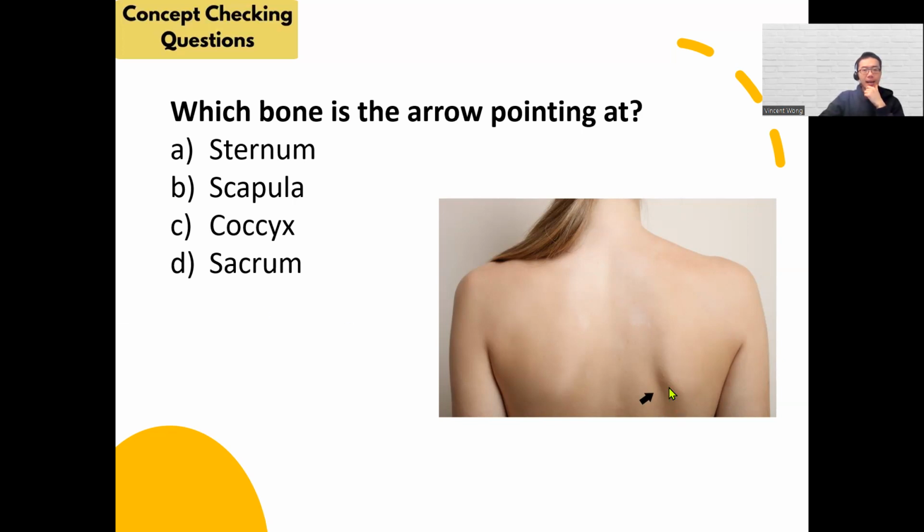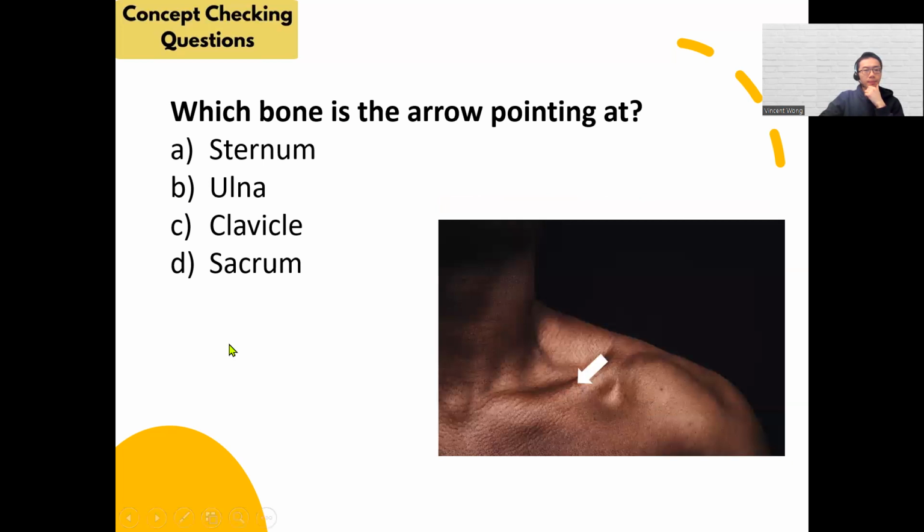That is the scapula. Let's do the next one. Good.